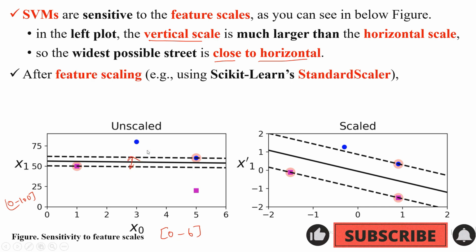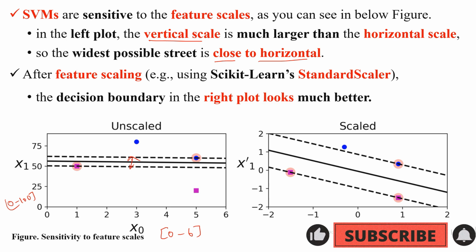After feature scaling with the help of scikit-learn's StandardScaler, the decision boundary on the right plot is much better. We standardize the features with feature scaling, z = (x - mu) / sigma. If you apply this formula to our data set, all the features are converted to between -2 and +2.